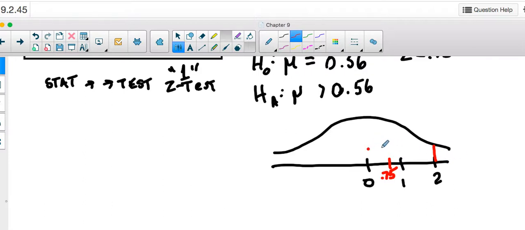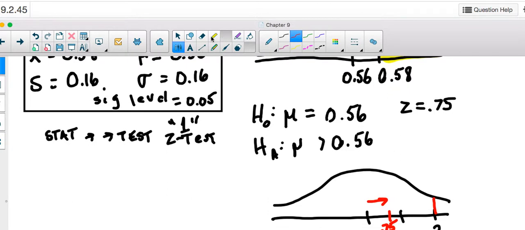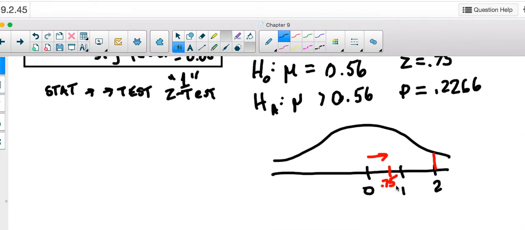So this is really close, so I know that's not going to be unusual. In fact, if I look down further on my screen, my p-value is 0.2266. In your mind, that means that about 22.66% of the time, I'm going to get a value that's as extreme as this one.